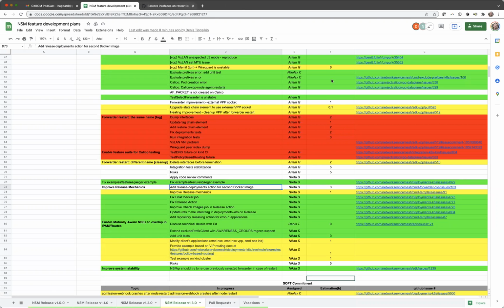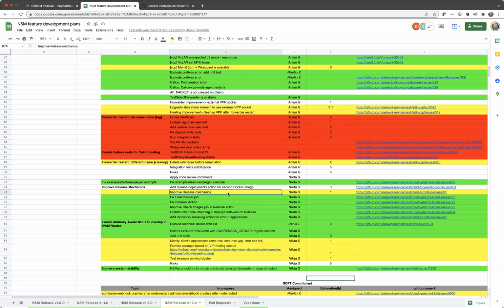Got it. Currently, it's not a super priority for us, and Nikita is working with mutually aware NSCs at this moment. Okay, it may also be something worth looking at, because my suspicion is it's not a terribly hard thing to fix.